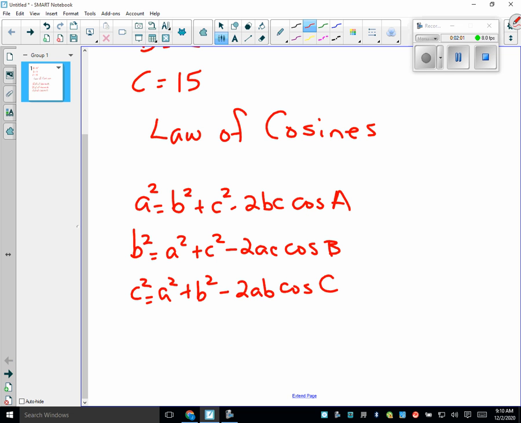The side that is over here goes with this angle. So you can use whichever one is appropriate, whichever one you need. And the good thing about law of cosines is there's no ambiguous case.